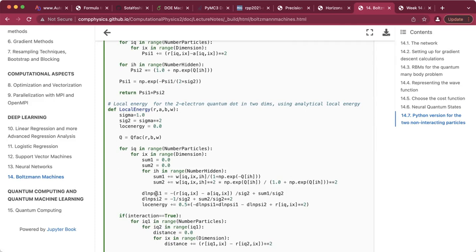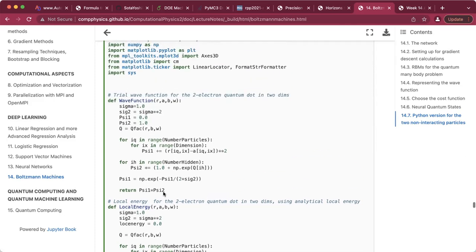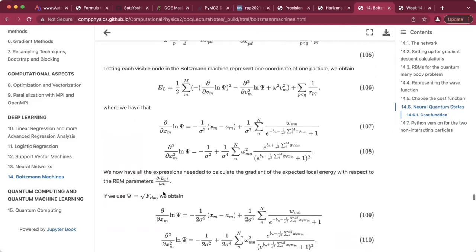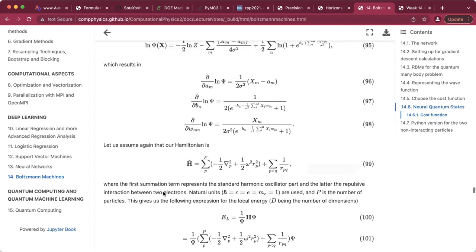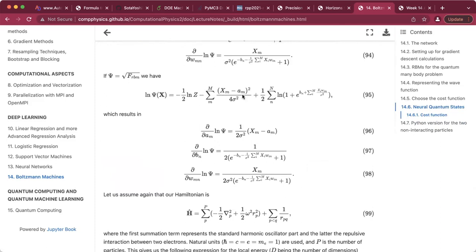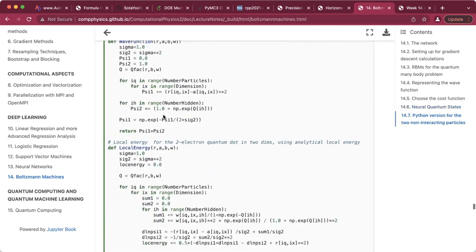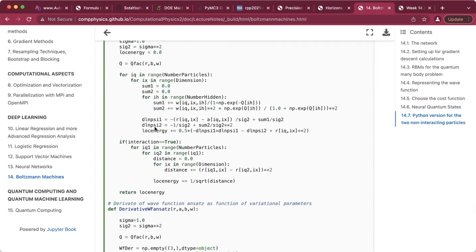So this is the ln of the psi1, which is, so psi1, if we go back, that would be the part which deals with the visible part. So that would be the derivative of this quantity here, this specific part here. And then we have a similar derivative, which is a derivative with respect to the weights, which we also need to set up.